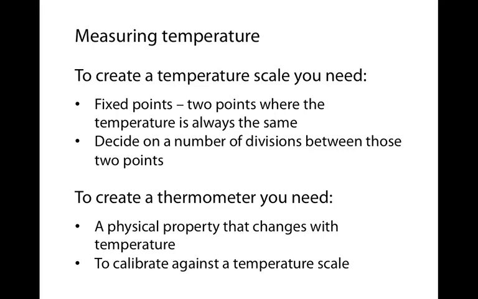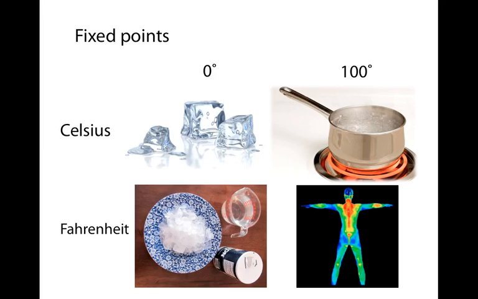Okay? So the fixed points for Celsius, which is a temperature scale you should be familiar with, are basically melting ice at 0 and boiling water at 100. Nice and logical. Fahrenheit also has fixed points. You may have heard of Fahrenheit. What those fixed points are is not quite so obvious, but the fixed point of 0 for Fahrenheit was actually the coldest temperature, from an ice and salt mixture, that Dr. Fahrenheit could make in his laboratory.